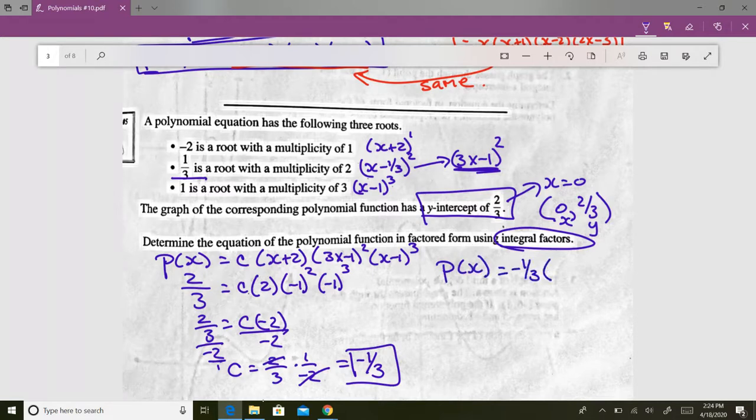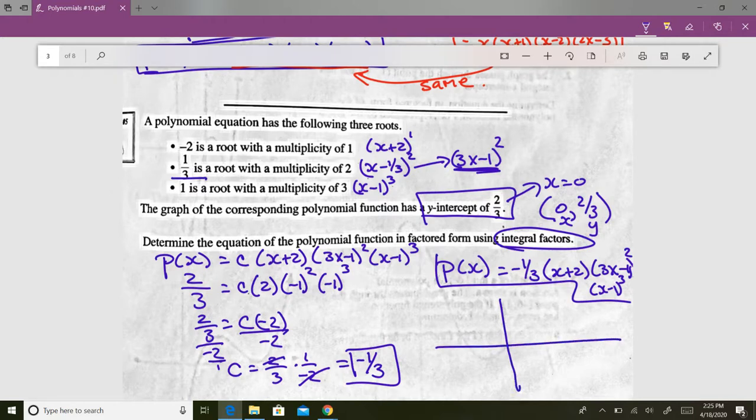So the polynomial is negative 1/3 times x plus 2, x minus 1 squared... I'm running out of room. And then x minus 1 cubed. All right, and they didn't ask you to graph it, but we'll graph it anyway, just for practice. Our zeros are negative 2, 1/3, 1.